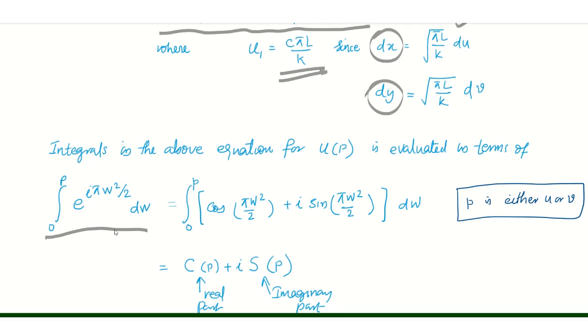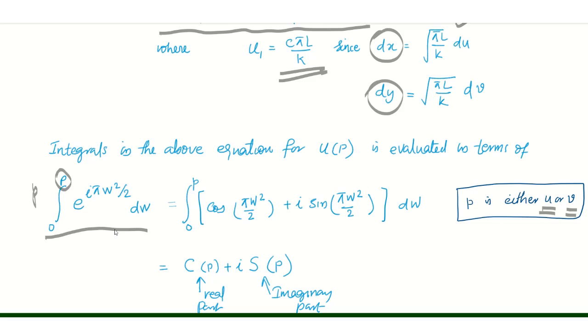Here we have p, used a small p as the variable, and it is just to generalize the whole thing. It can be either u or v.